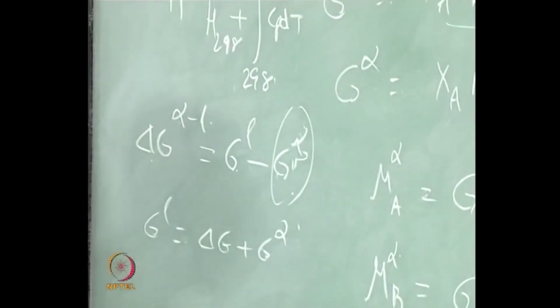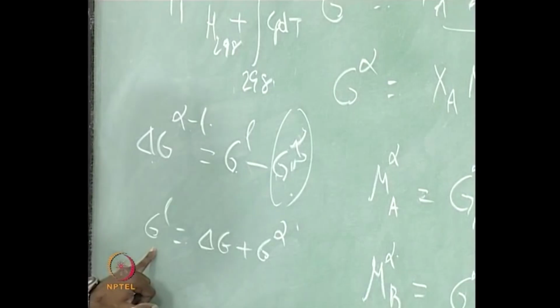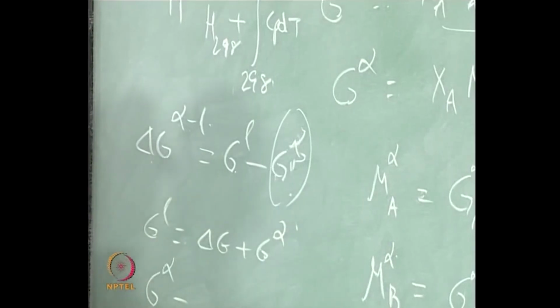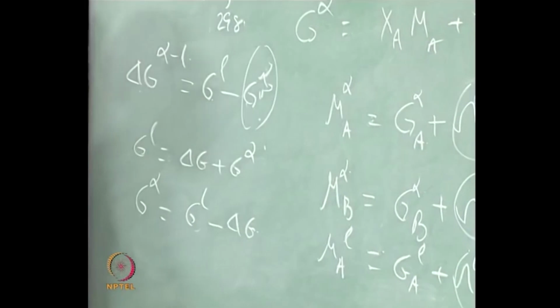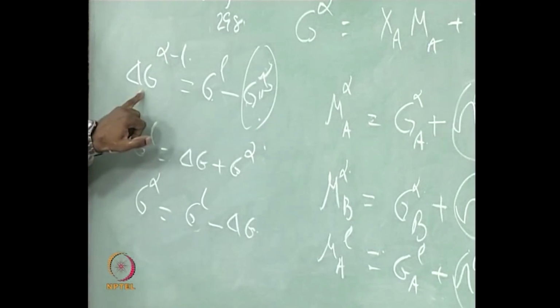Take this to that side, I know G alpha, so I can find out G liquid. If I know G liquid and I do not know G alpha, I simply write G alpha is equal to GL minus delta G, rearranged. So if you know one of them and the delta G, the second one you can always find out at that temperature.